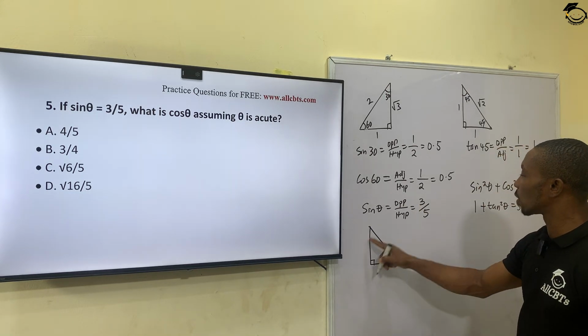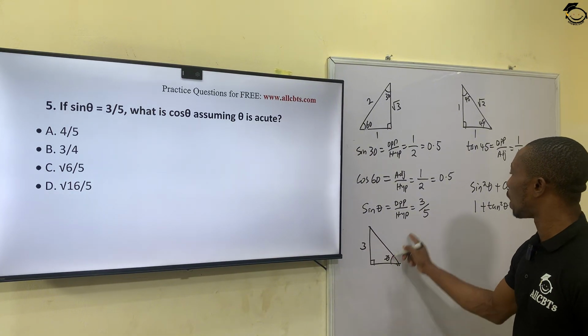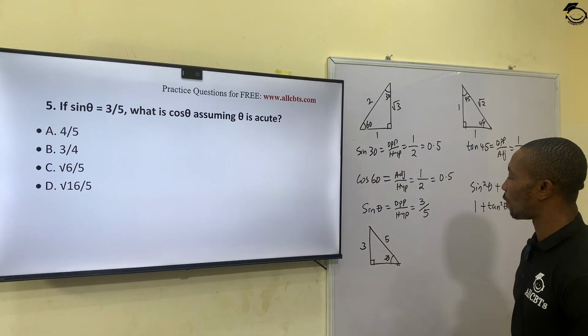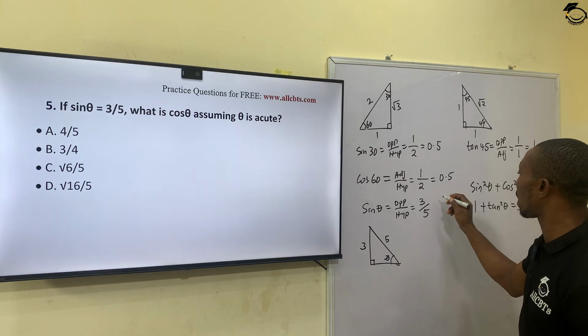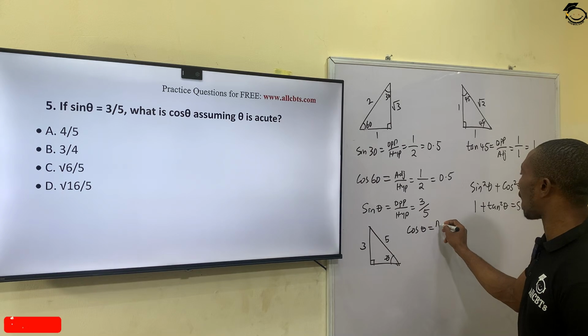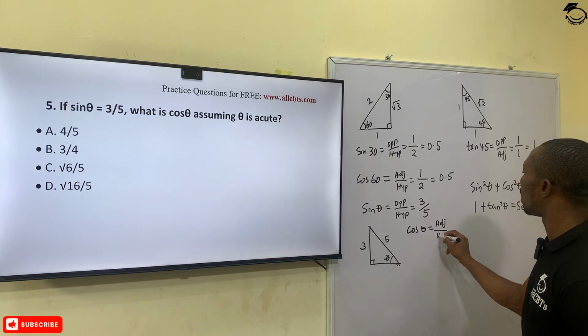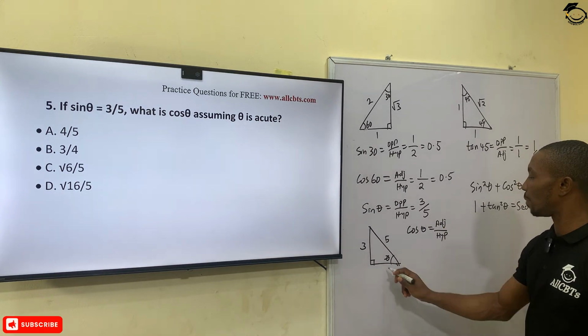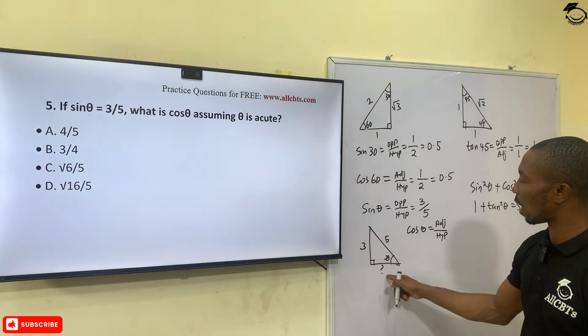Our opposite will be 3 and our hypotenuse will be 5. If we consider cos theta, cos of this theta will be adjacent over hypotenuse.